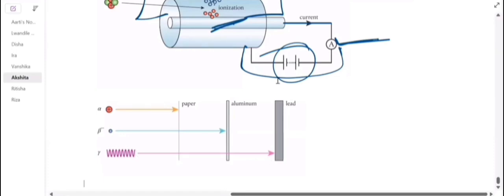Gamma ray can travel a very long distance. It barely gets trapped in any paper or aluminium sheet, and hence it gets blocked by lead if it is coming in between. So metal blocks, it gets absorbed in that. Understood? Yes, ma'am.